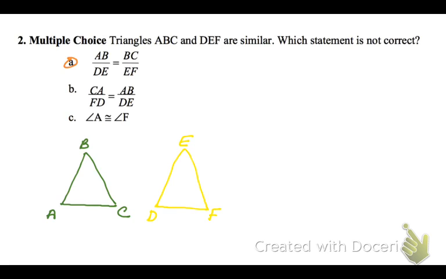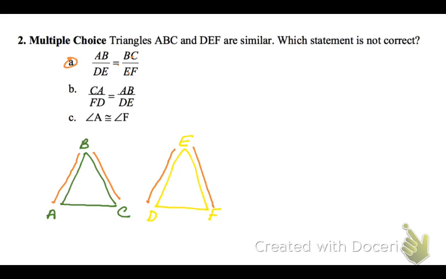So A says AB over DE is equal to BC over EF. Now these are corresponding sides, AB to DE and BC to EF.